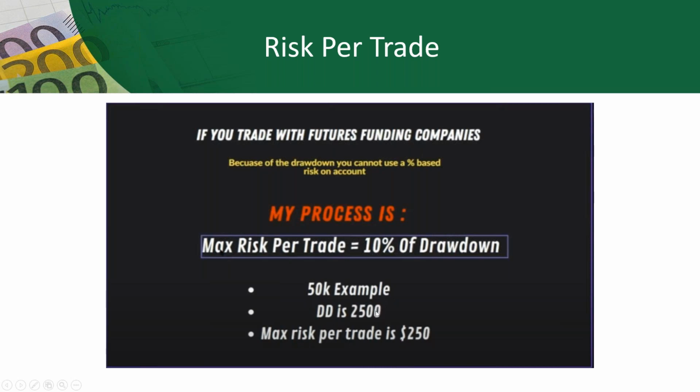If you focus on trading your drawdown, you'll be much better off. I only risk 10% of my drawdown on any one trade because, first of all, even if my win-loss rate was 50%, I would still make money. The next slide I will explain. So my max risk on any trade is $250.